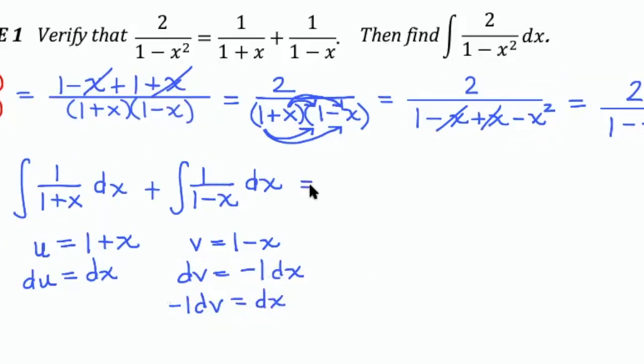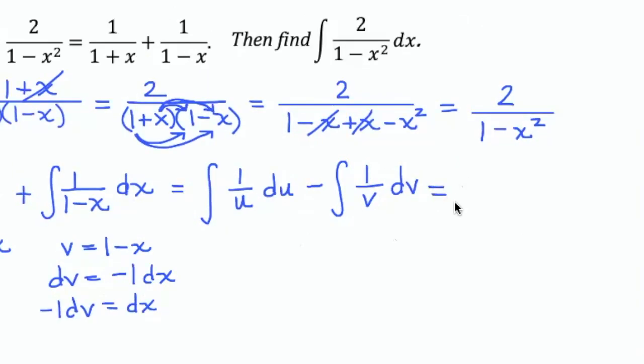I can rewrite these integrals now using those substitutions. So the first integral becomes 1 over u du. The next integral, we just have to be careful. The dx has to become a negative 1 dv, so this will become minus the integral of 1 over v dv. And using the rule up above, we know that each of these is going to turn into a natural logarithm.